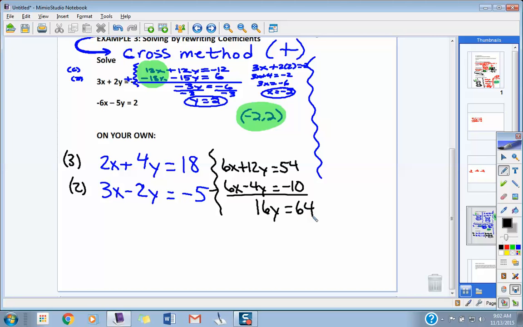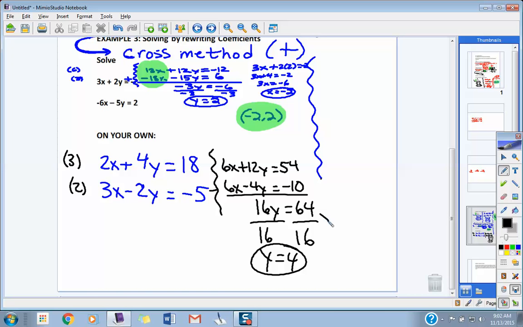And 64 divided by 16 now is? 4. Good, CJ. Divided by 16, you've got y equals 4. All right. This isn't that bad, is it?